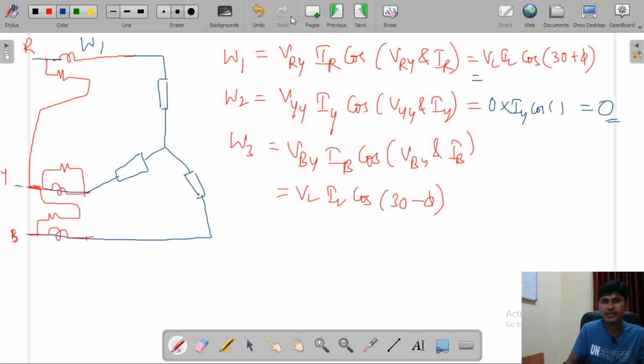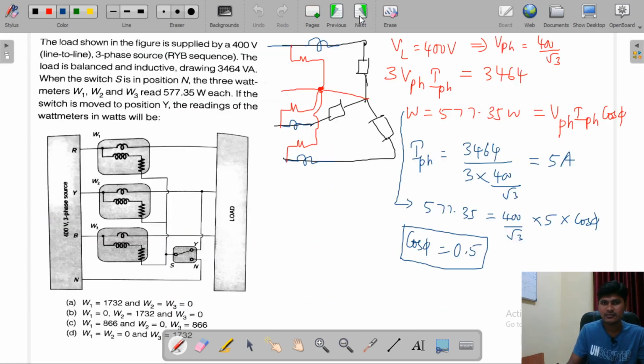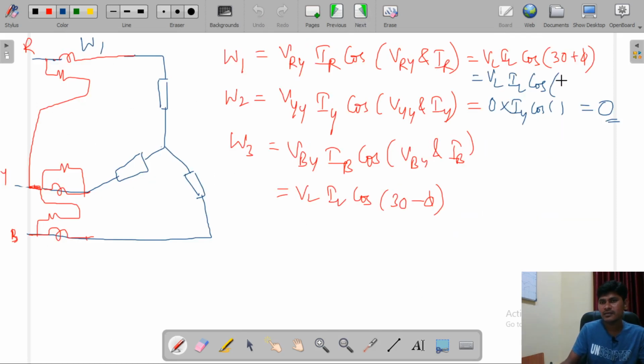What is the phase angle? From this, phase angle phi is equal to 60 degrees. Then 30 plus 60 degrees is 90, so this will be 0 watts because cos 90 is 0. So W1 will be 0 and W2 will be 0, both will be 0.